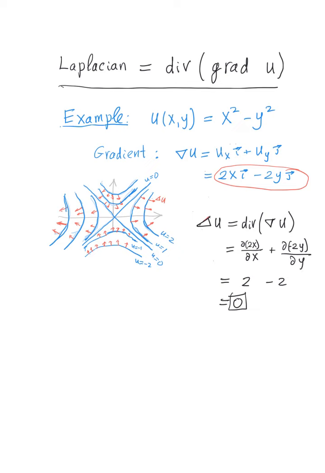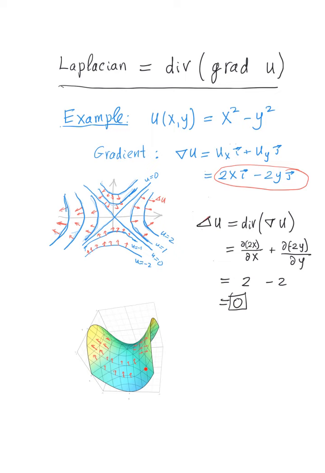So we have 2 minus 2, which is 0. So the Laplacian of this function is 0. Functions like this are called harmonic. So as we've seen, 0 Laplacian intuitively means that the temperature at each point is the average of the values of the neighbors.